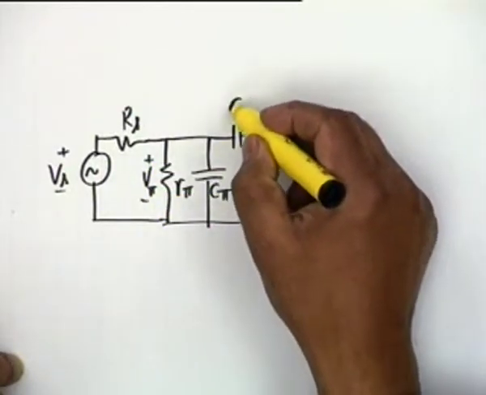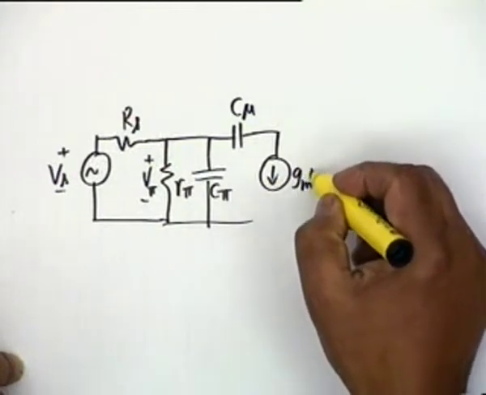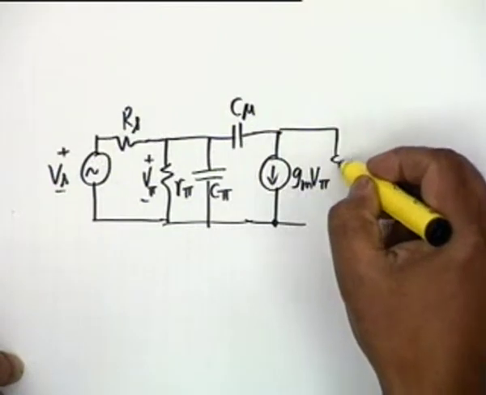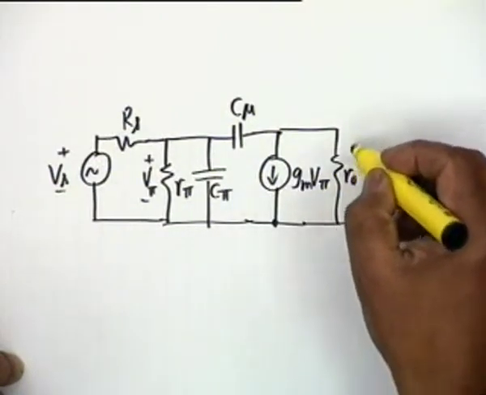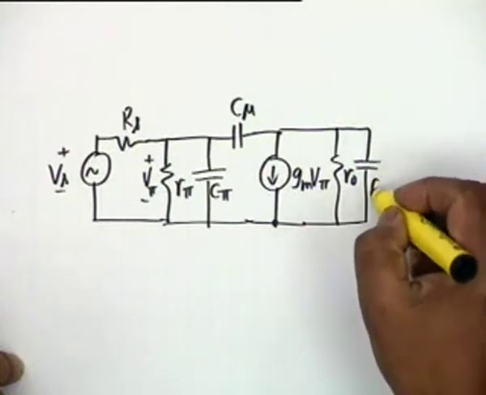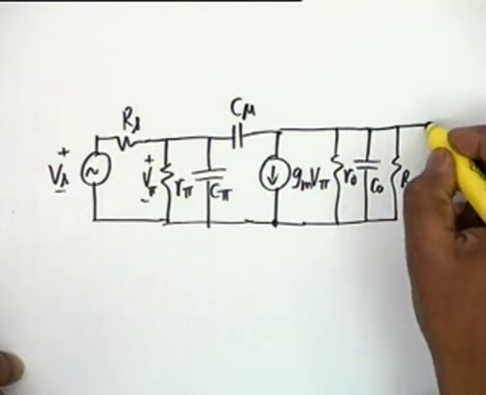Then you have a C mu, a gm V pi, finally an R0, then C0 and RC and RL.